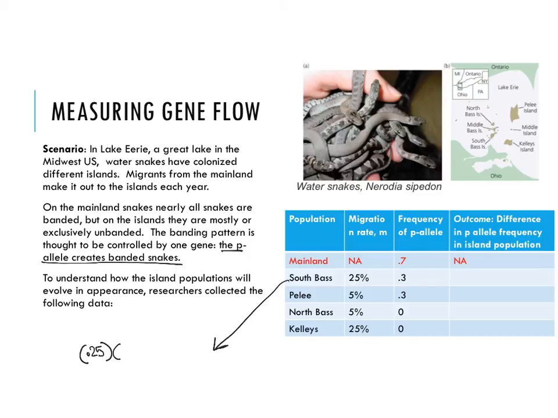So the mainland's P allele frequency is 0.7, and then my island is 0.3, so it's 0.7 minus 0.3, which equals 0.1. So 0.1 is the change in the P allele due to migration. All right, so we can write that in our table. And now you're going to do the next island on your own.